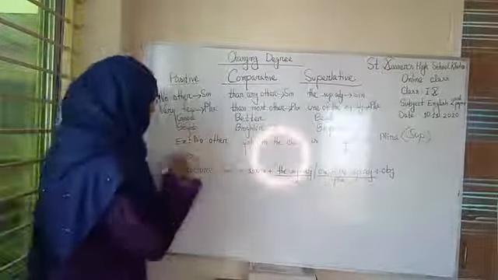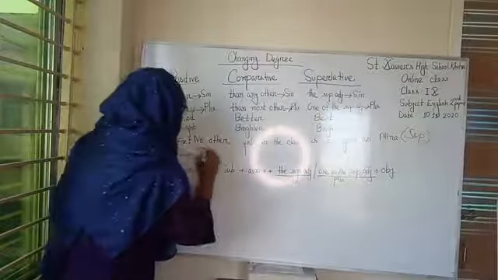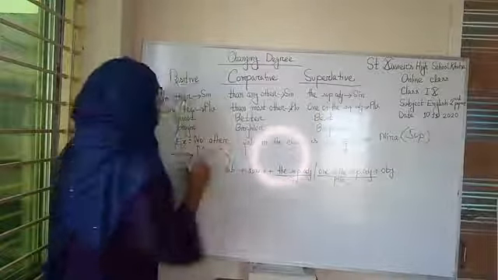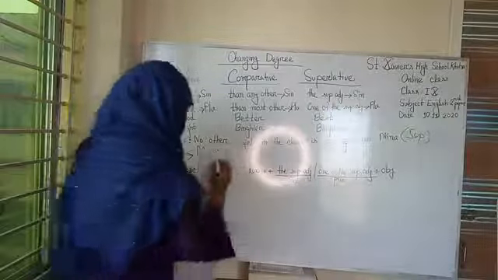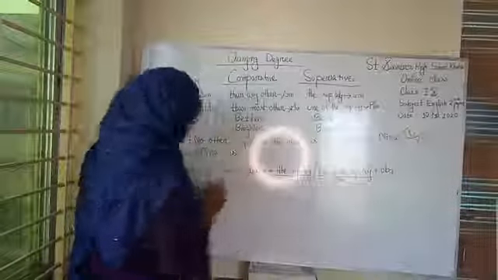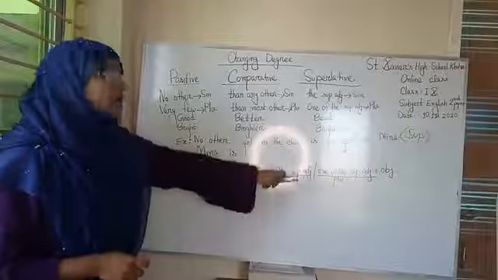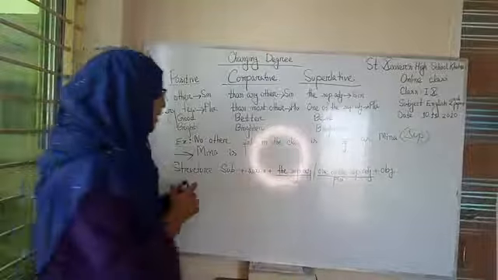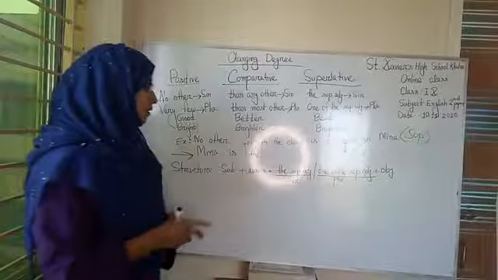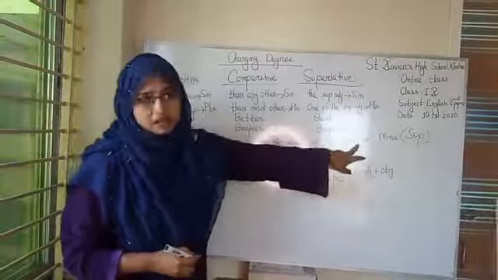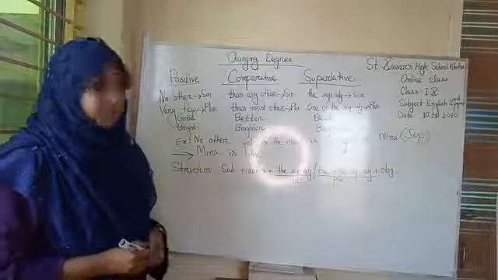Okay, now subject, same way, subject Meena. Auxiliary form, same way, is. Next, singular form, that means the superlative adjective, only the. Next, আমাদের অ্যাডজেক্টিভটা কি আছে? Good, in superlative form, that means best.